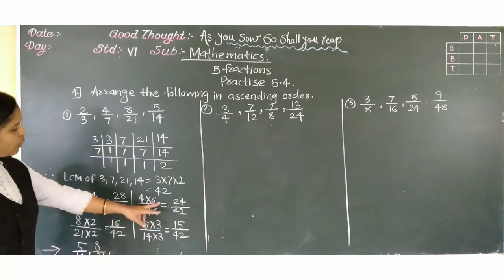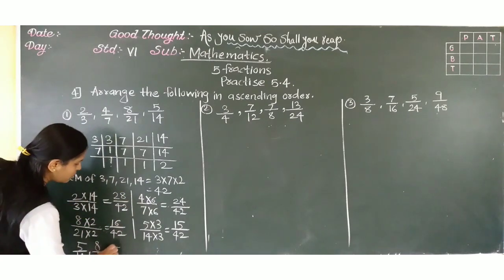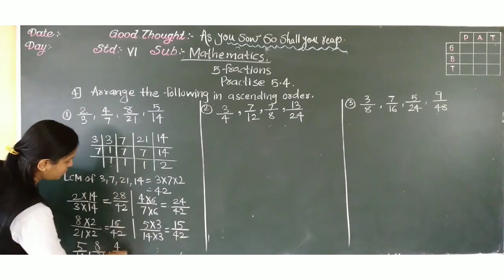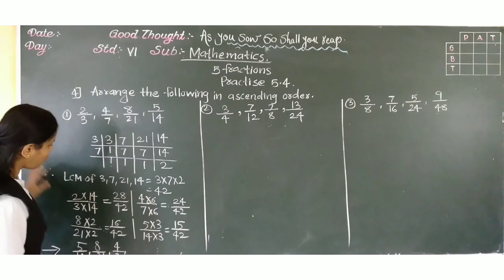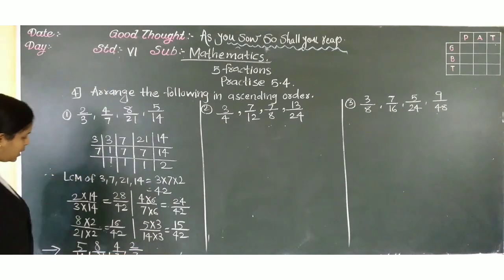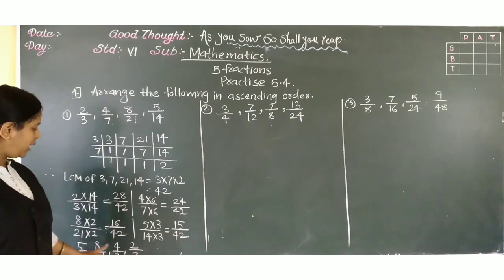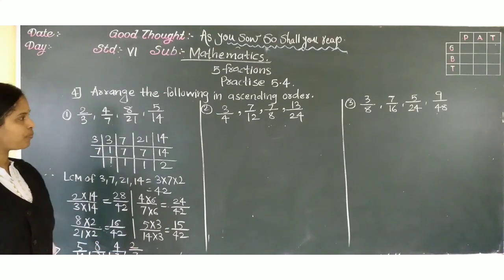Then 24 upon 42 means which fraction? 4 upon 7. And then this 2 upon 3. This is the largest fraction. So this is the ascending order. This is smallest, big, little bigger, bigger and biggest, in this way.